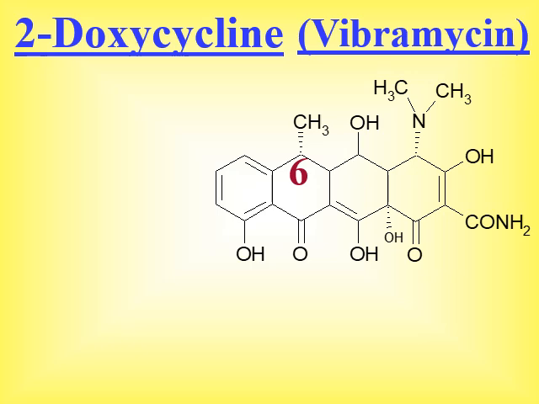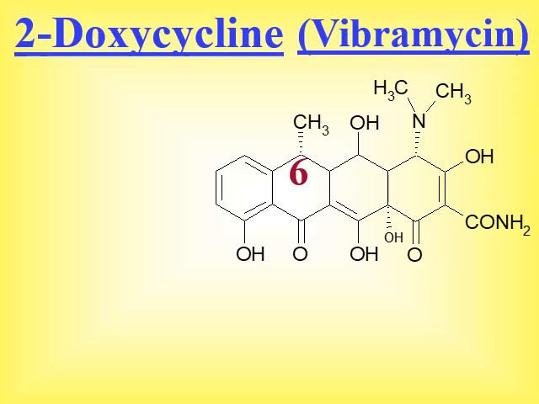It has a long biological half-life. We prepare this vibramycin by catalytic hydrogenation of methacycline. As we see here, the methacycline having a double bond CH2, so by catalytic hydrogenation we break the double bond, forming methyl, which is doxycycline.